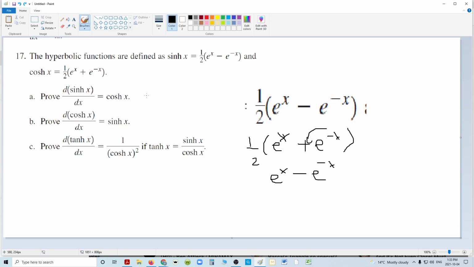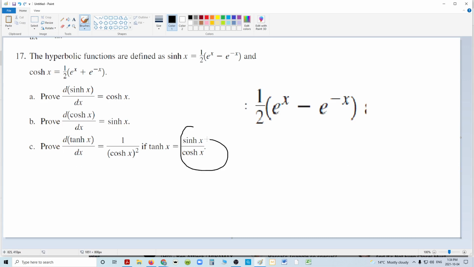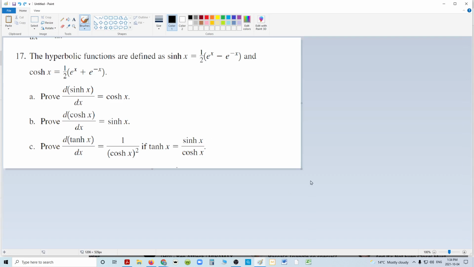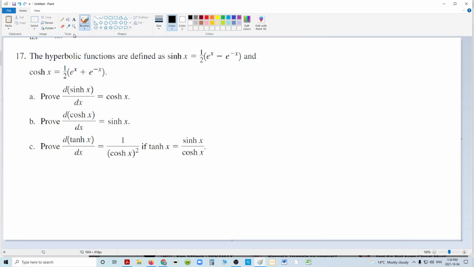In the second one, you have to prove the derivative of tanh x, assuming tanh x is equal to sinh x over cosh x. So they're assuming this is true, which means you take the quotient rule. Quotient rule says I take that and square it, which they've done here. So I know that I don't really have to touch that because they haven't touched it.